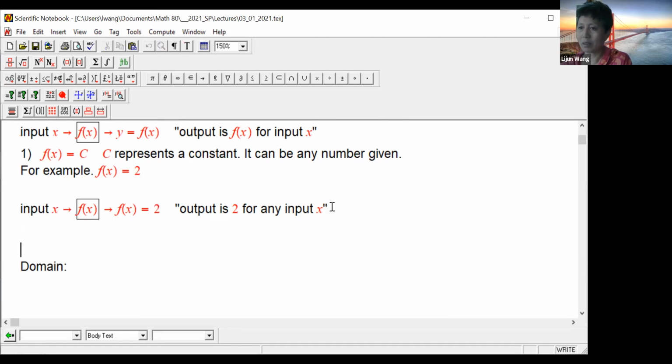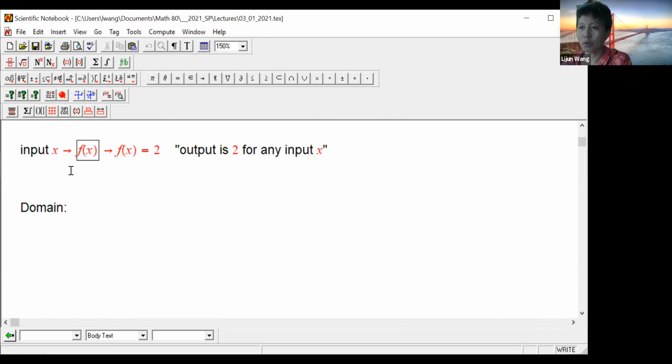Okay, so let me explain this a little bit more. According to this rule, suppose you give me the input x equals 3, and the output is going to be 2. Input 3, the output for 3 is 2.